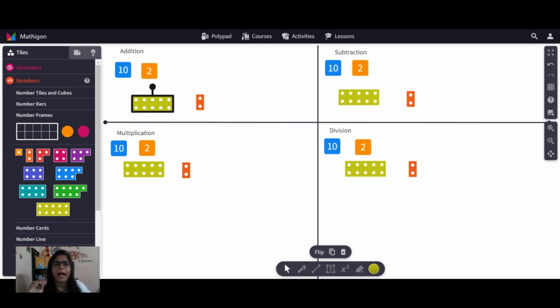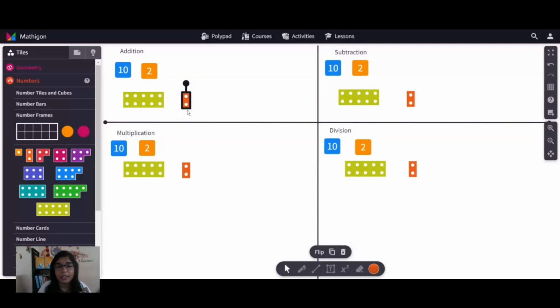Now, here I have taken two numbers, 10 and 2. And I've also taken, if you see here, these are called number tiles. This gives children the visual representation of that number. See, if it's a 10, there are 10 dots here. If it's a 2, there are 2 dots here.